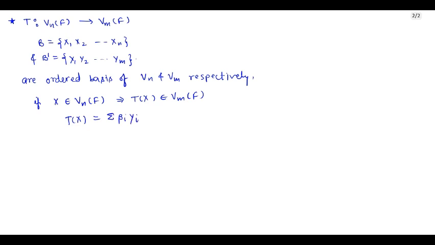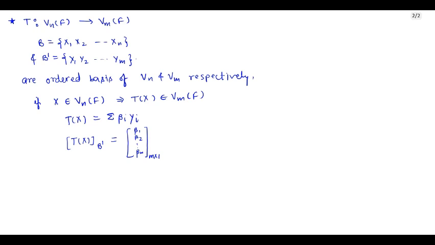So T of x with respect to B prime is beta 1, beta 2 and so on beta m. This is an m cross 1 column, right?